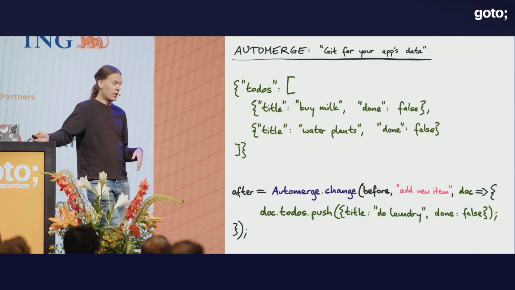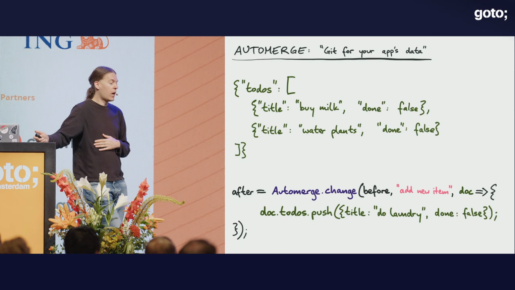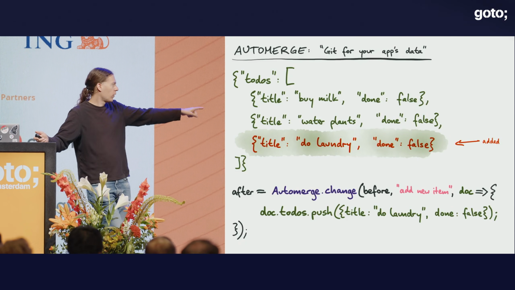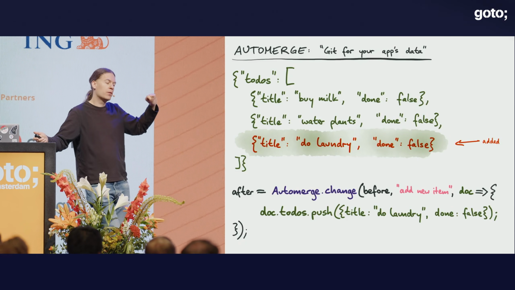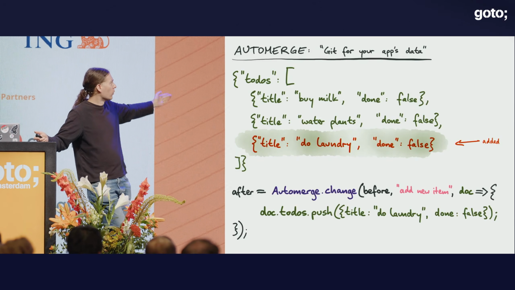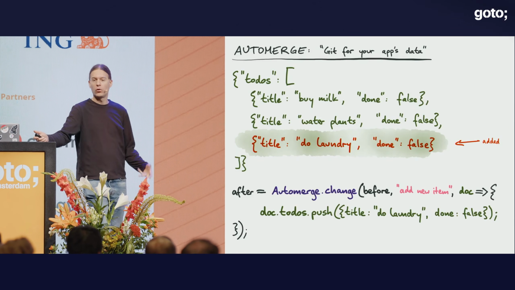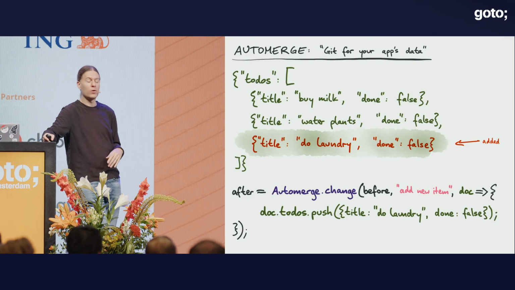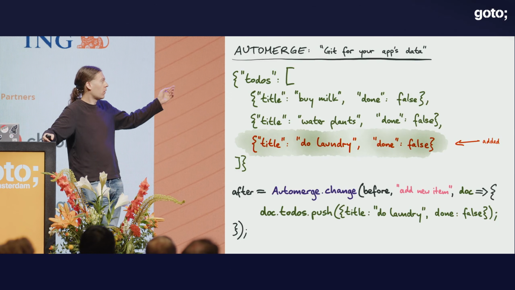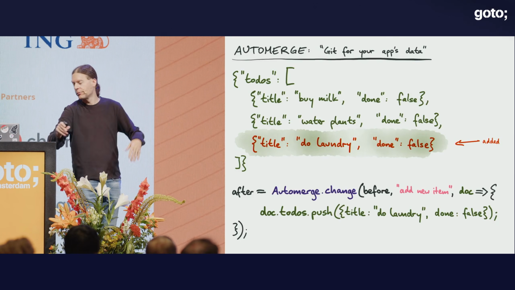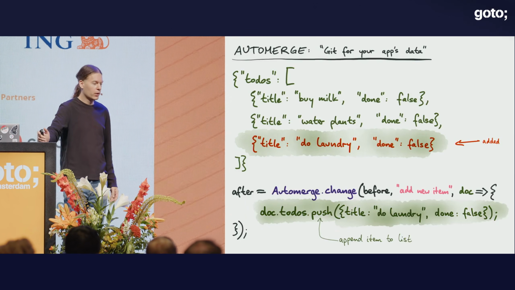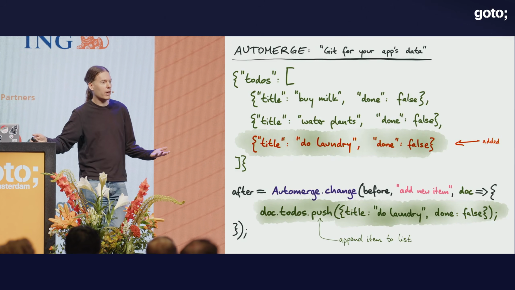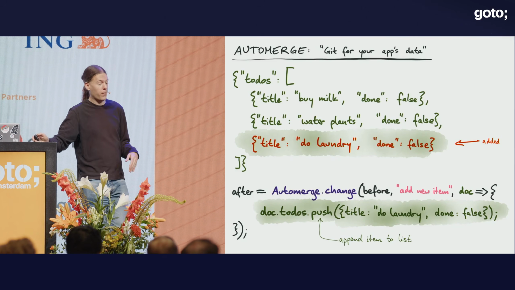In this case, let's say I need to do the laundry, and so I'm going to do doc.todos.push with this JavaScript object here, and this is going to add a new item to this todos array. So todos.push is just the JavaScript API for appending an item to the end of an array, and that causes this new item to be added here. So hopefully this is all pretty straightforward. It's just as you would expect JSON object manipulations to behave.